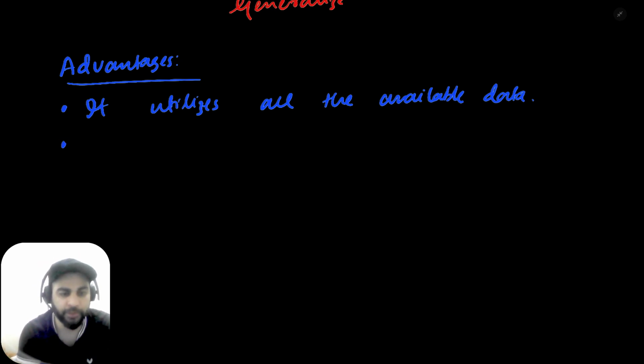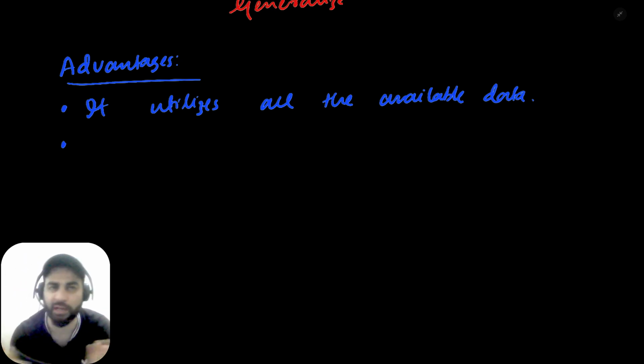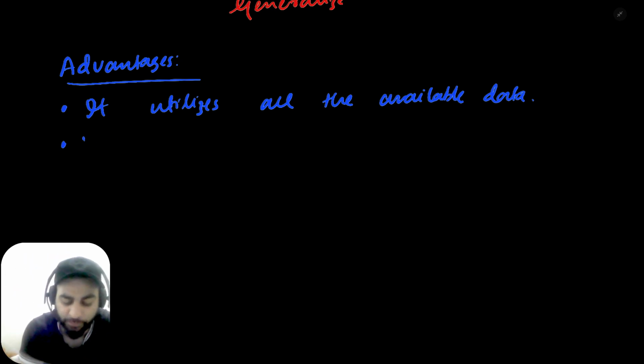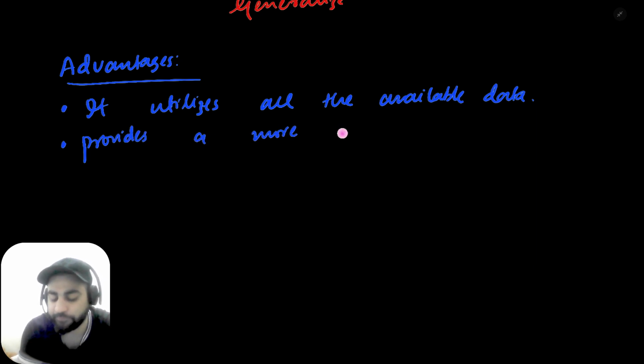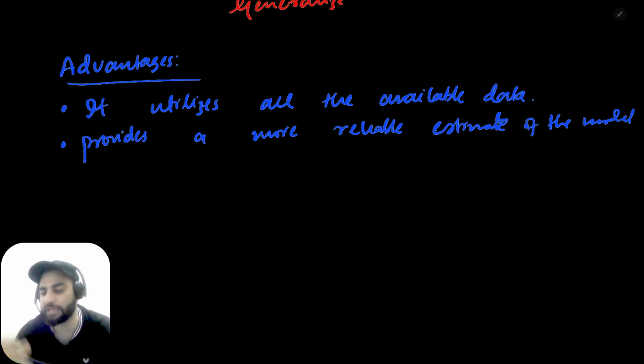The second point is it provides a more reliable estimate of the model, because now you are trying all the possible combinations. You can say that this is the generalized accuracy because you have used the data everywhere, and then you have tested it on D test, which is properly unseen data.